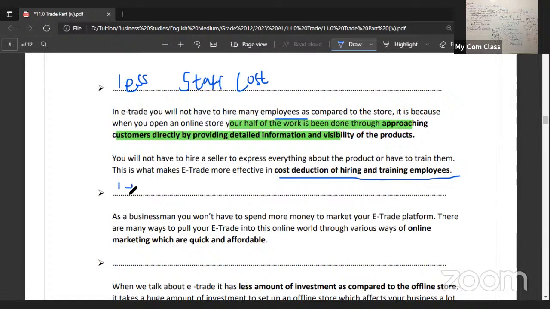Less marketing cost. I'll explain this one.